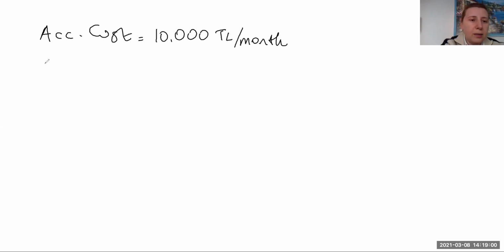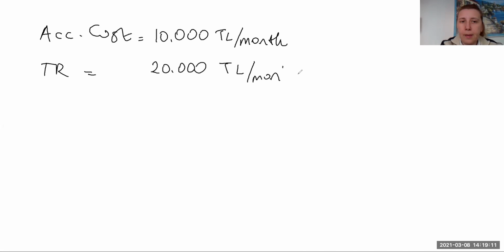And suppose that the total revenue of the firm is 20,000 Turkish lira in a month. So when you go to an accountant, he will say that you have a 10,000 Turkish lira profit for a month with these numbers.